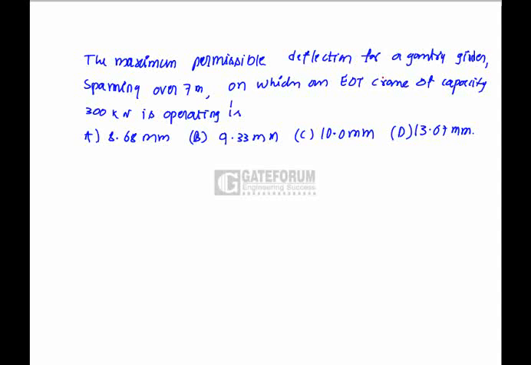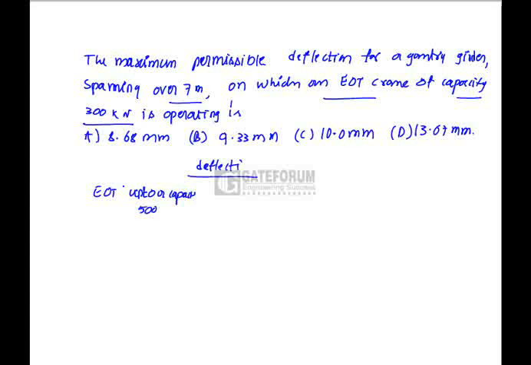The maximum permissible deflection for a gantry girder spanning over 7 meters, on which an electrically operated crane of capacity 300 kilonewton is operating. So the deflection for electrically operated cranes up to a capacity of 500 kilonewton is going to be L by 750.